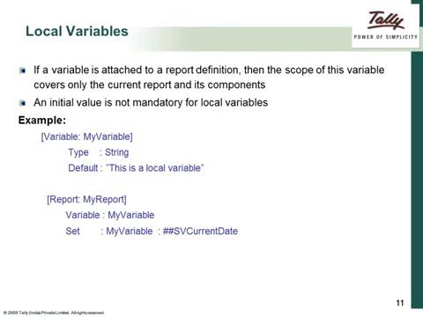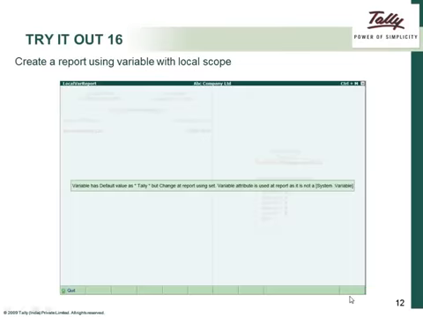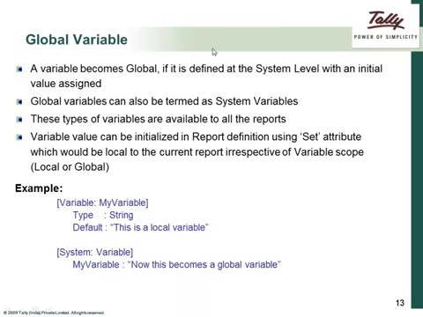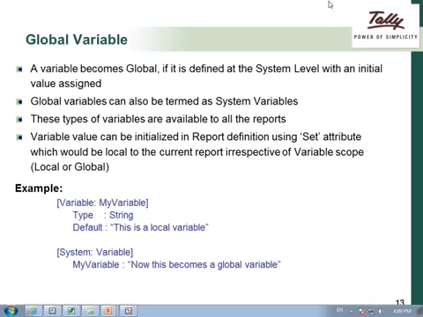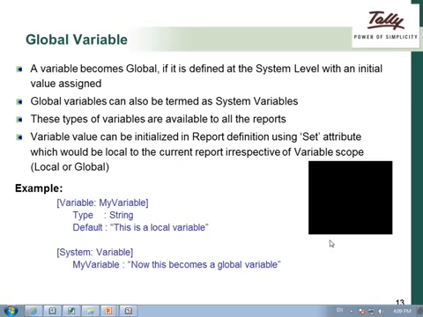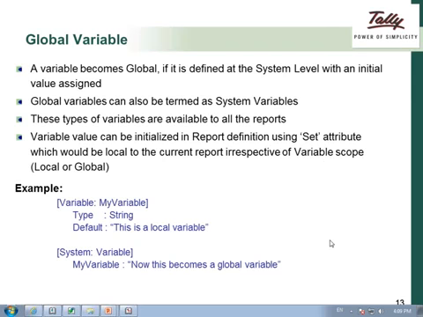So how do we do that? So there is where the local variable comes into picture. So there is something called a global variable.